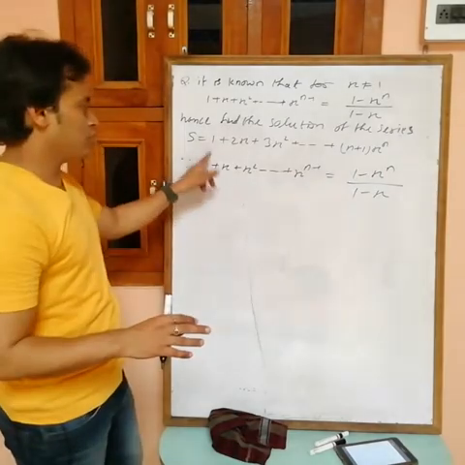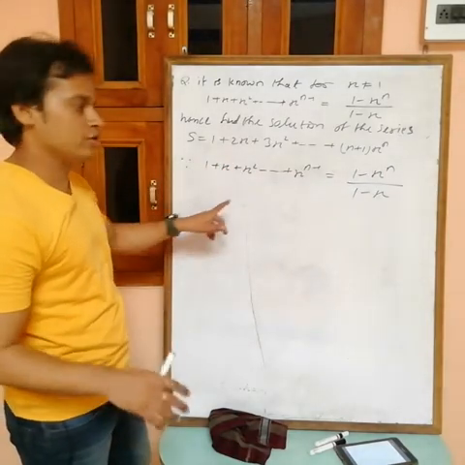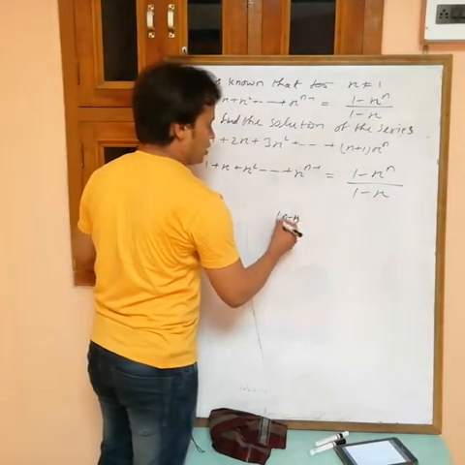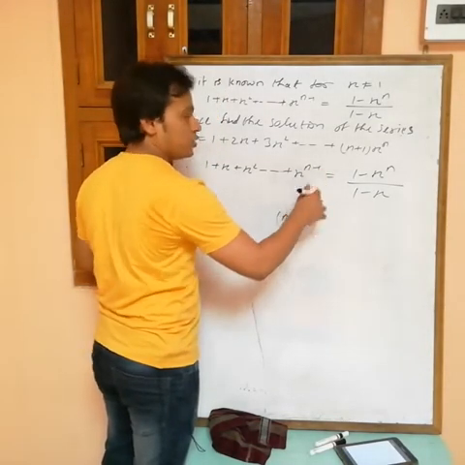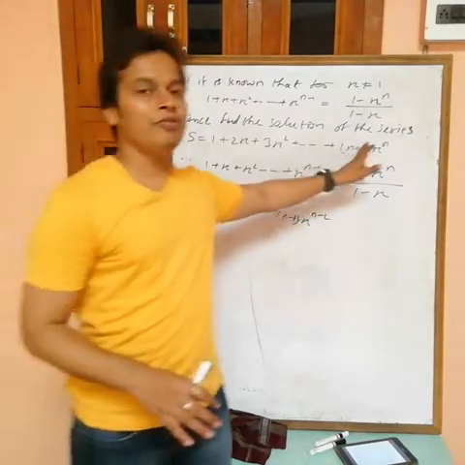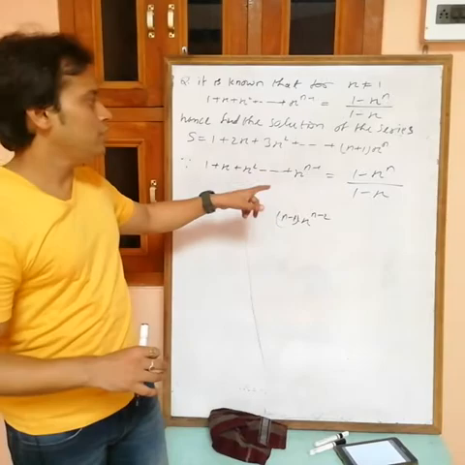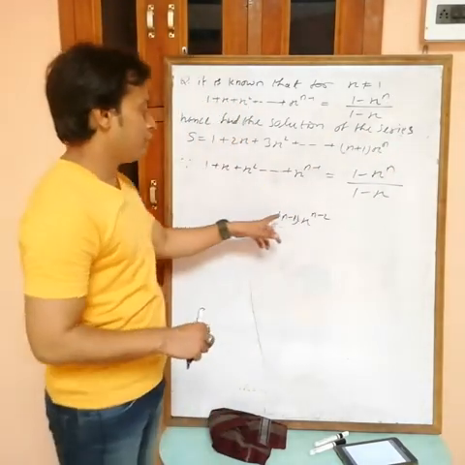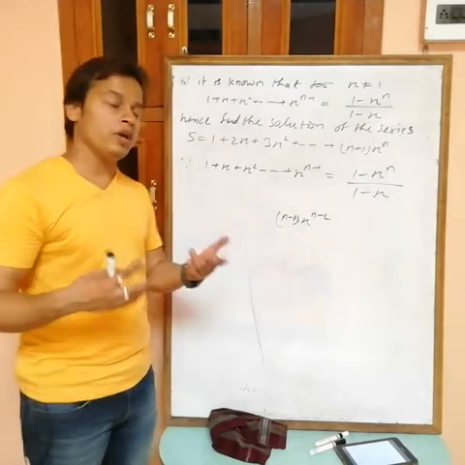Differentiation of x is 1, differentiation of x square is 2x, but differentiation of the last term is (n minus 1) x power n minus 2. But at the end what we want is (n plus 1) x power n. But here what we are getting is (n minus 1) x power n minus 2.